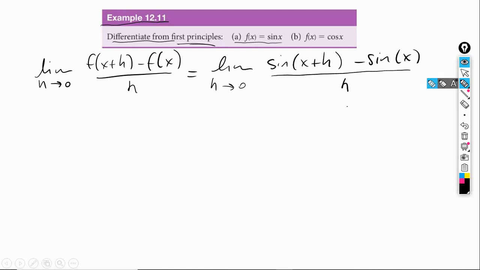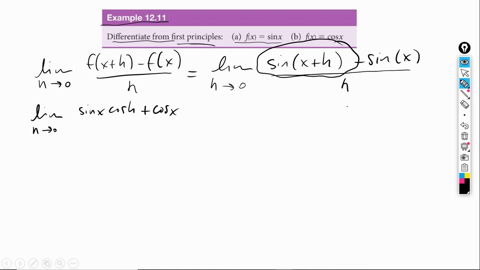So now the question is how to expand this, right? This expression here, sine of x plus h, we can apply the angle sum identity. So let's rewrite this as limit as h approaches 0 of sine of x cosine of h plus cosine of x sine of h. And then let's not forget minus sine of x and all of this over h.